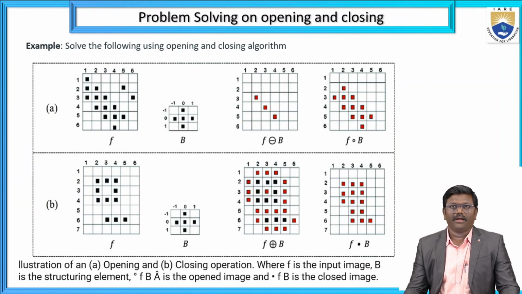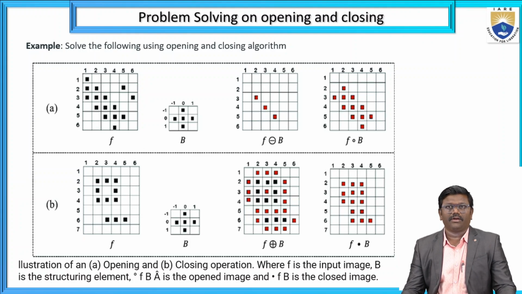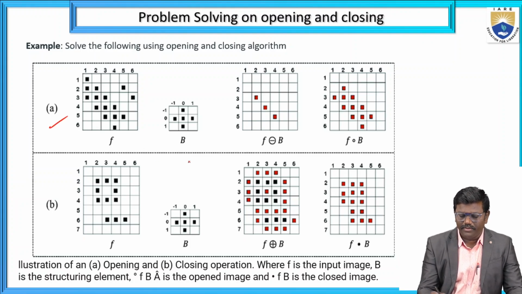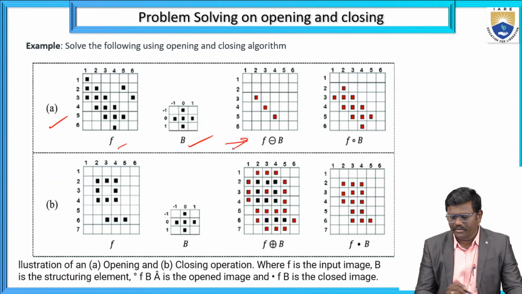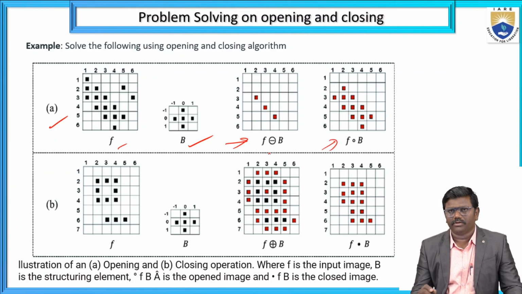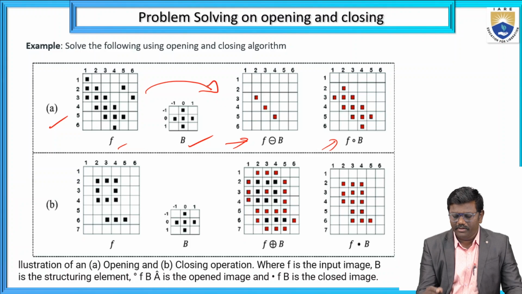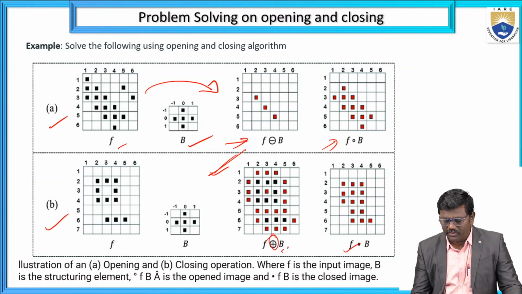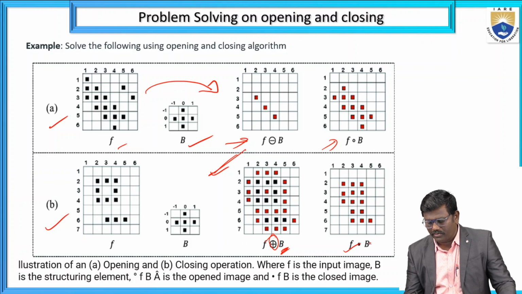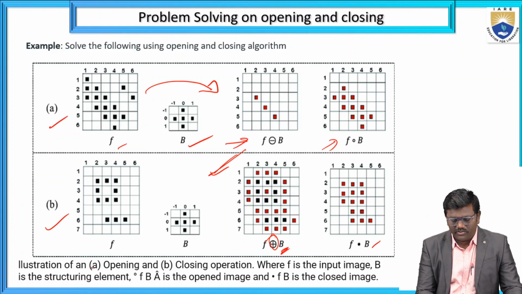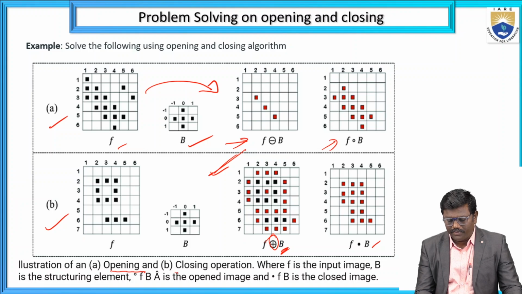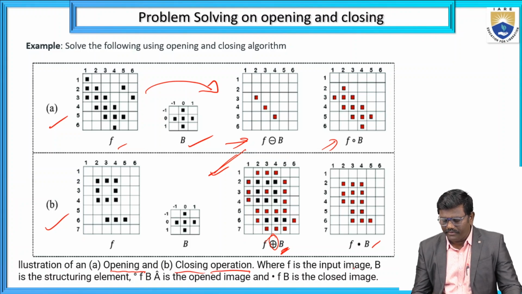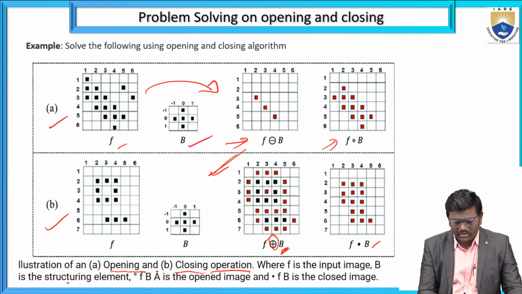Let me take from the printout, which uses the opening and closing algorithm, solved here. A is here, B is here. Your function is applied, and we compare the circle operation in between and get the circle B result. Here you got the illustration of opening and closing operations, where F is the input image and B is the structuring element.